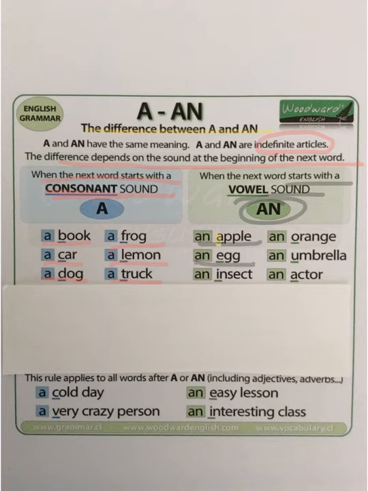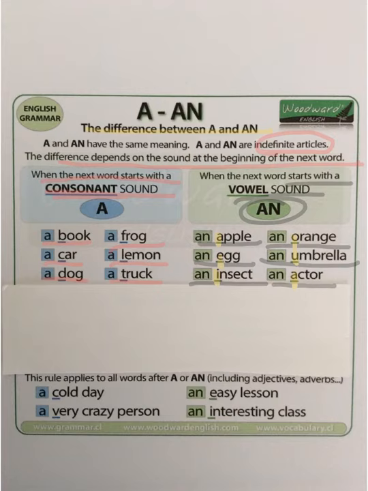Egg starts with E. An insect. What does insect start with? Okay, an orange. What does orange start with? An umbrella. An umbrella starts with. And the last one, an actor. An actor starts with.